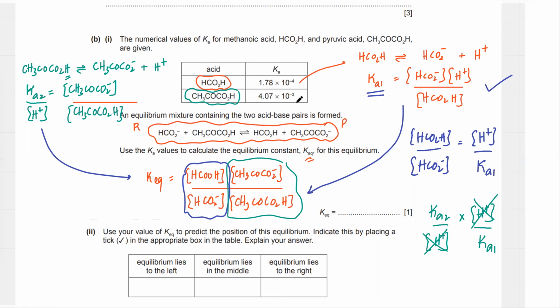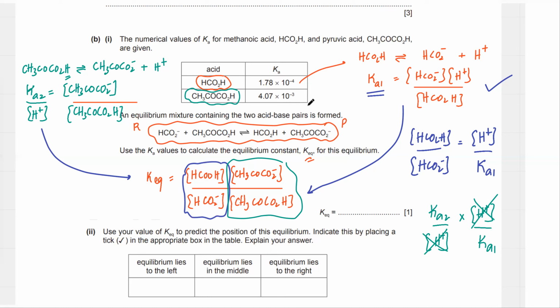Can anyone tell me what the answer is? Take out your calculators, tell me what the value is. Sir, it is 2.9 times 10 to the power minus 7.